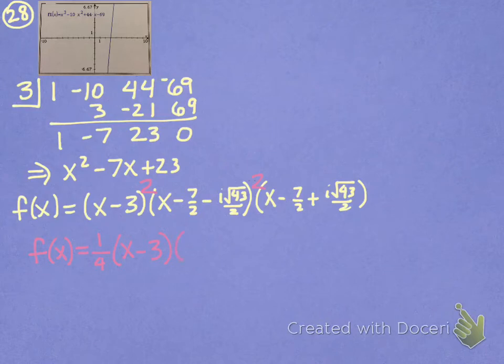Then when we distribute the 2, we get 2x minus 7 minus i times the square root of 43, times 2x minus 7 plus i times the square root of 43. And that's number 28.